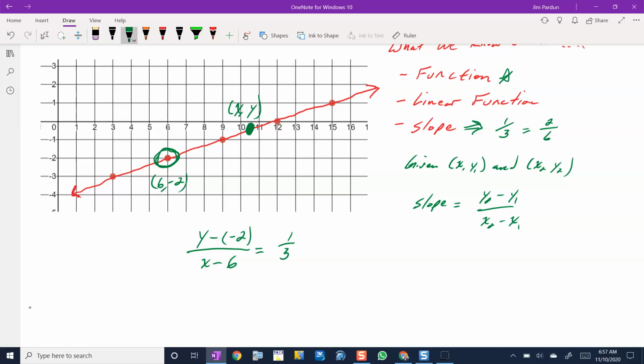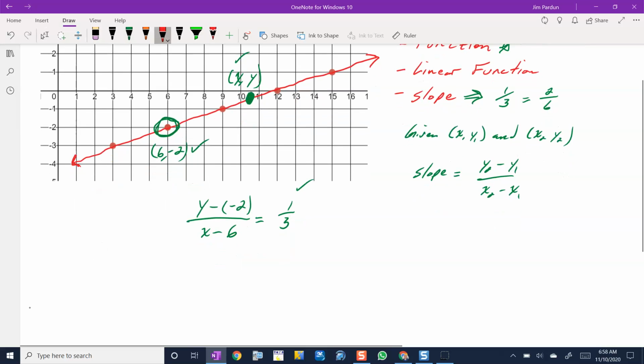So what we have right now is a connection between the slope, which is 1/3, the point, which is 6, -2, and some other generic point, which is xy. And if I do a little bit of algebraic work on this equation, I'm going to multiply both sides by x minus 6, which will eliminate the x minus 6 here.